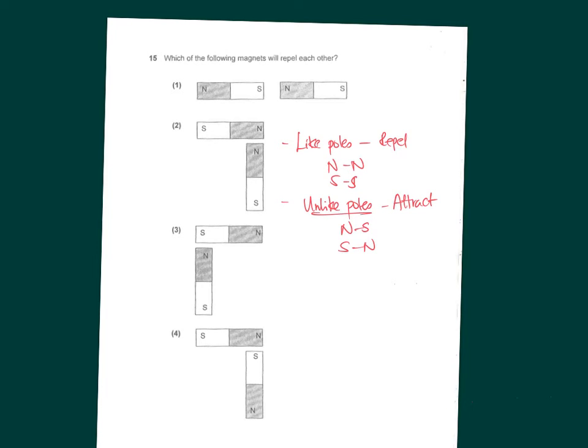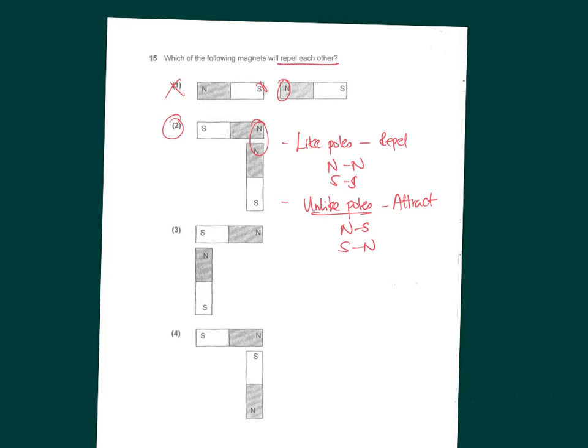So in this question, we are looking for magnets that will repel each other, so we need to look for like poles. Option 1, we have S and N. These are unlike poles, so you expect them to be attracting each other, so 1 is out. Option 2, now you have 2 like poles facing each other, we expect repulsion here, so option 2 is the correct answer.